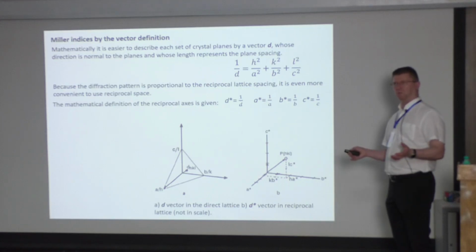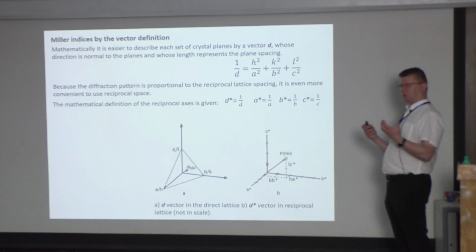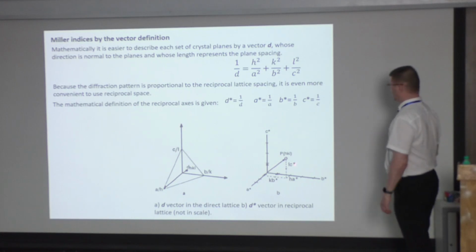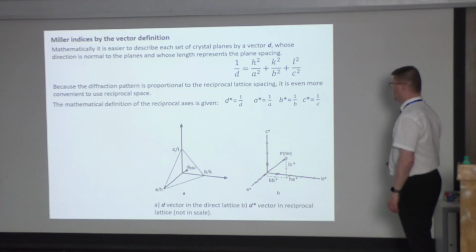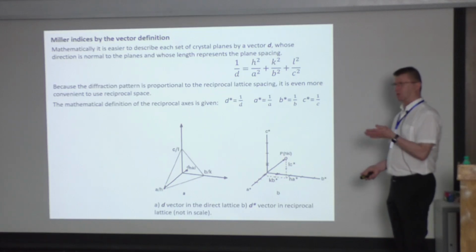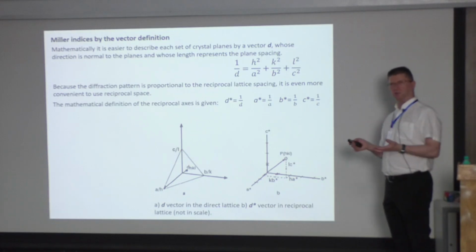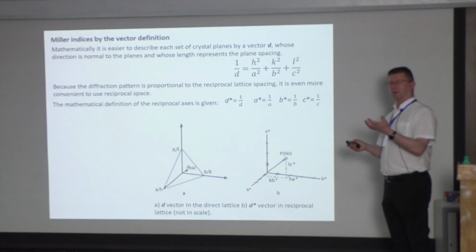And that's nothing more. Why this is important comes out later, because it's much more mathematically easy. But the point is this lattice point here, this reciprocal lattice point, reflecting one plane, contains all information coming from that plane.